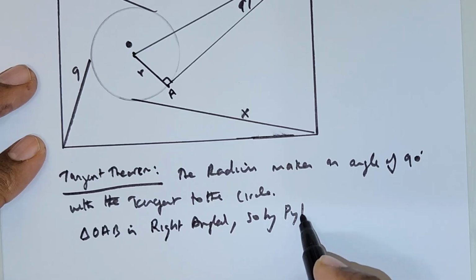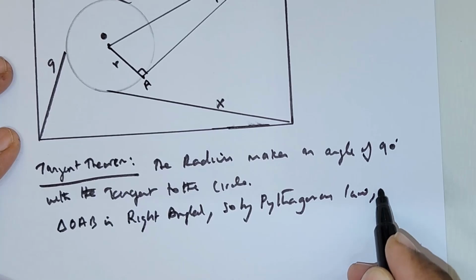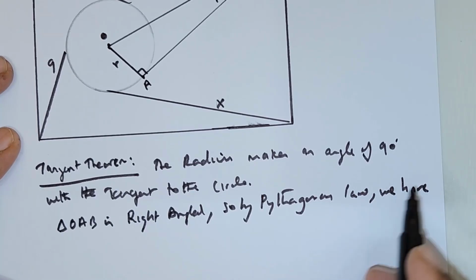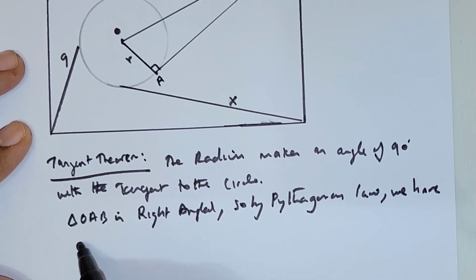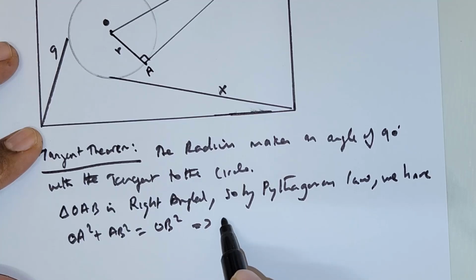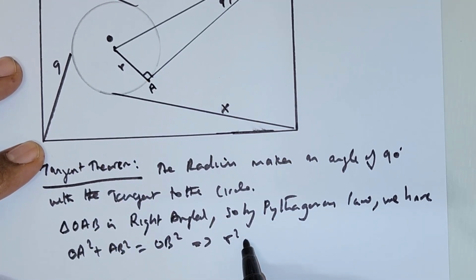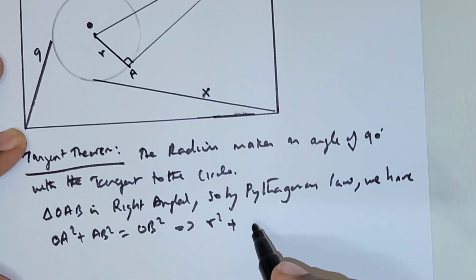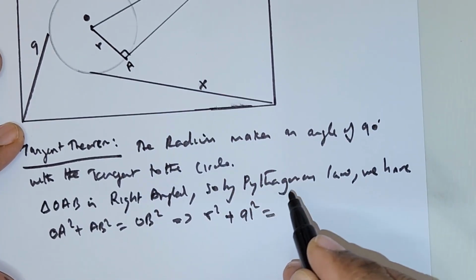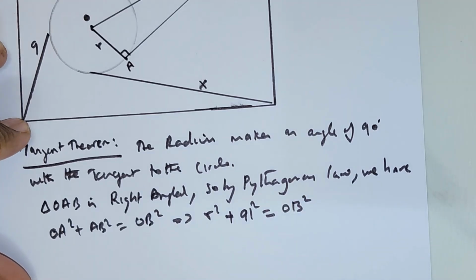So by Pythagoras' law we have OA squared plus AB squared is equal to OB squared, which means OA squared is R squared. This distance is given as 91, so 91 squared is equal to OB squared.